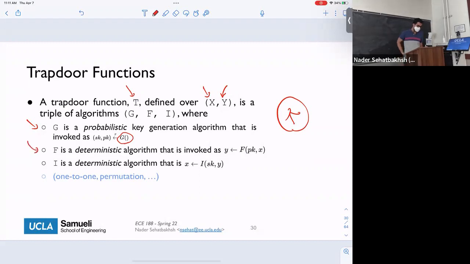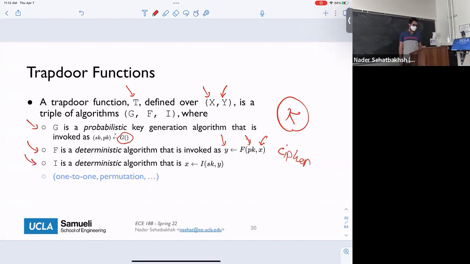The second thing is the f function, which is a deterministic function that takes the public key and the x and generates y, which is the ciphertext in this case. Okay. And finally, I is again a deterministic algorithm that takes y and this time the secret key and gives you x. Okay. And again, these functions have to be one-to-one, kind of like permutation functions.